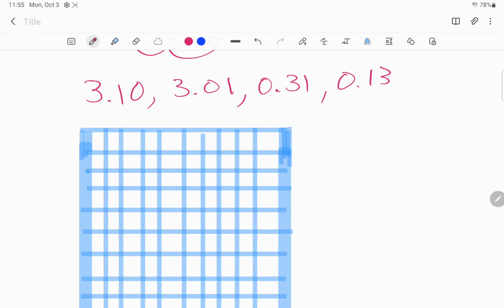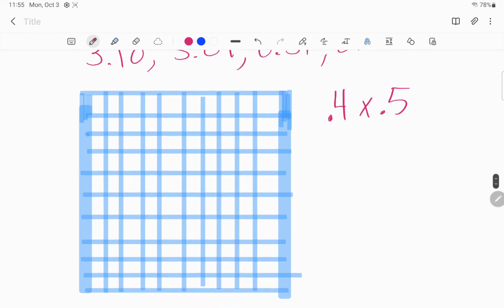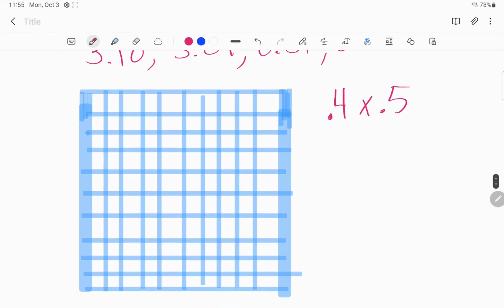All right, so this next one wants us to model 4 tenths times 5 tenths. Okay, so what we're going to do, I'm going to start with the 5 because that just makes sense for me. It's an easier number. So 5 tenths.